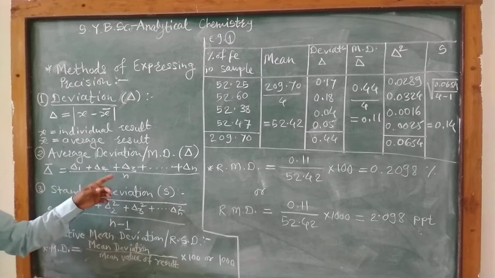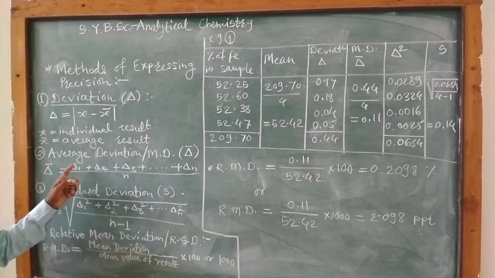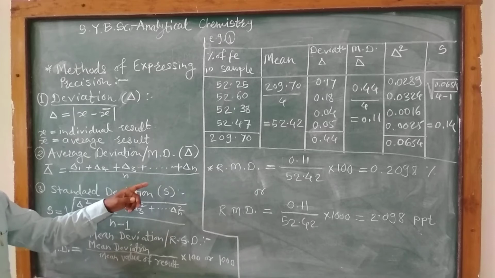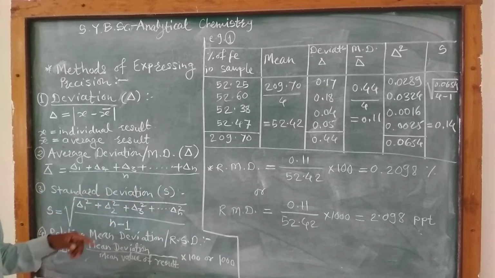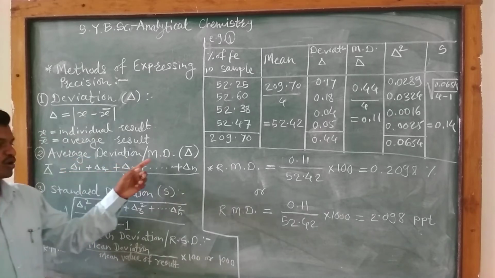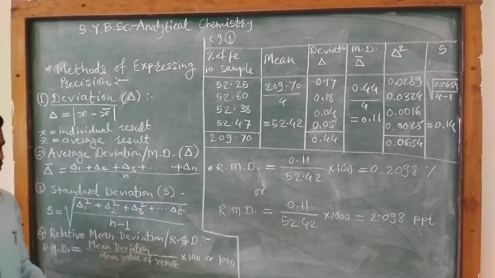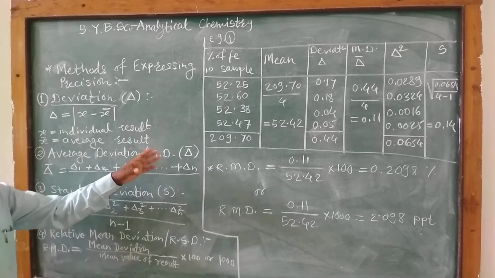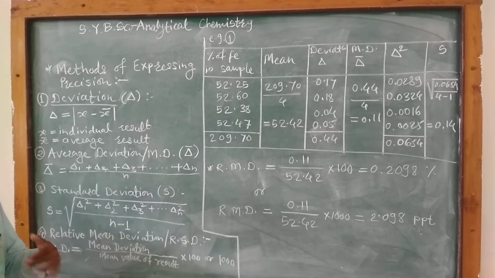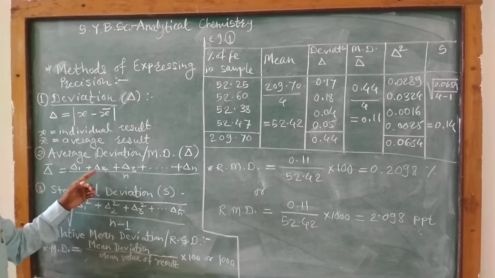So the mean of deviations, or the average of deviations, of a given set of data is called average deviation or mean deviation.